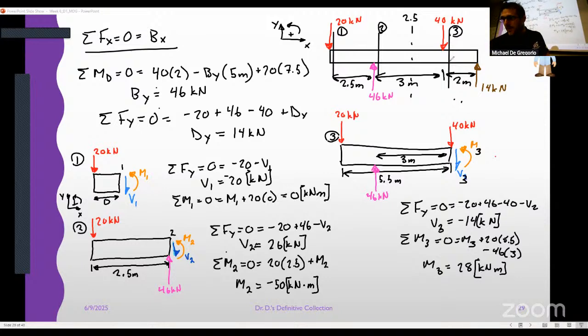If I were to use the right half and I'm here, the magnitude of that moment is still 28 kilonewton meters. At this point, on the other side, you have 14 kilonewtons 2 meters away. That's 28. That checks with what we have here.